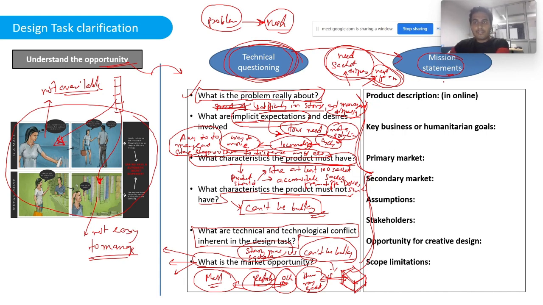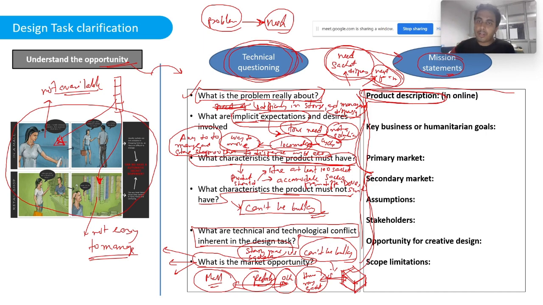Okay, so the nature of a mission statement is like this. It is like a table, where at one line you are trying to define your product. Can you define it? Yes, we can define that our product should store certain numbers of pouches. Now, a product should means it is a desire, it is a need.